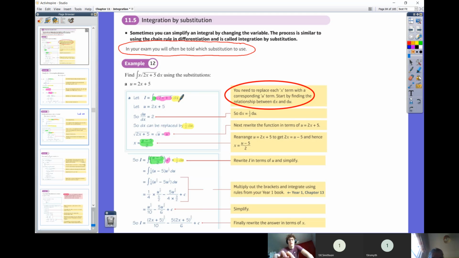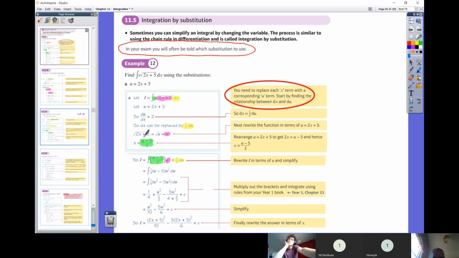If we multiply by dx and then divide by 2, we're left with dx equals a half du. So that's just rearranging. That's the first bit: we can replace the dx with half du.